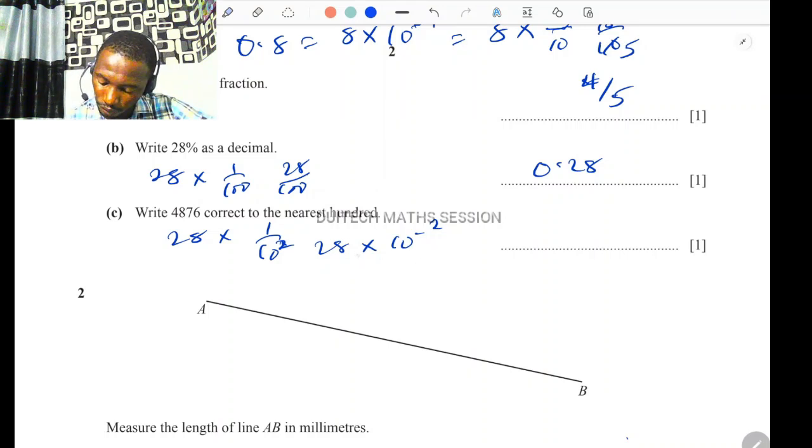But this is not standard form yet, so we're going to put the decimal point here and reduce 1 here. So we have 2.8 times 10 to the minus 1, so 1 leading zero becomes 0.28, right? So that is how. If you want to use standard form to solve it, you will also achieve your goal.